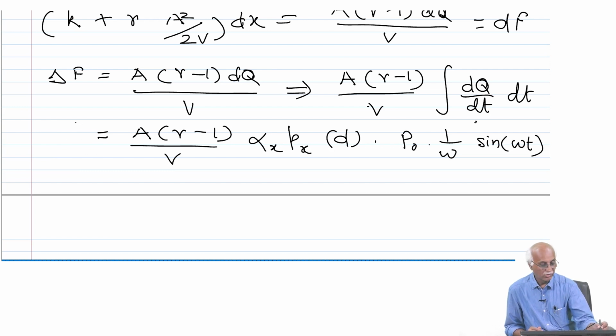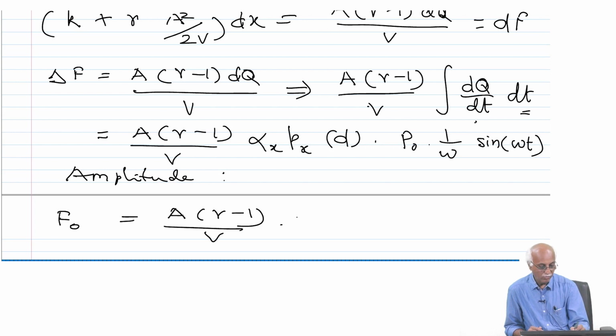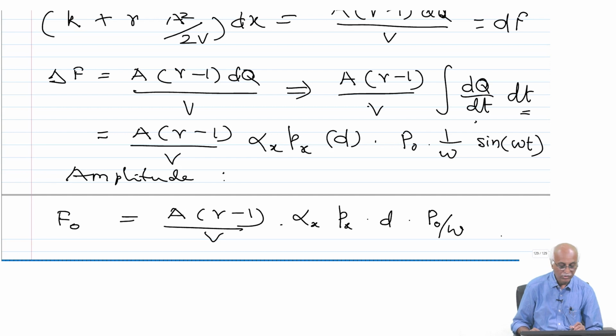That is the total force integrated over time dt. The amplitude is the maximum, where sine omega t is 1. So the force amplitude F0 can be given by (gamma minus 1) by V alpha x P x into dP0 divided by omega. So this is the force.